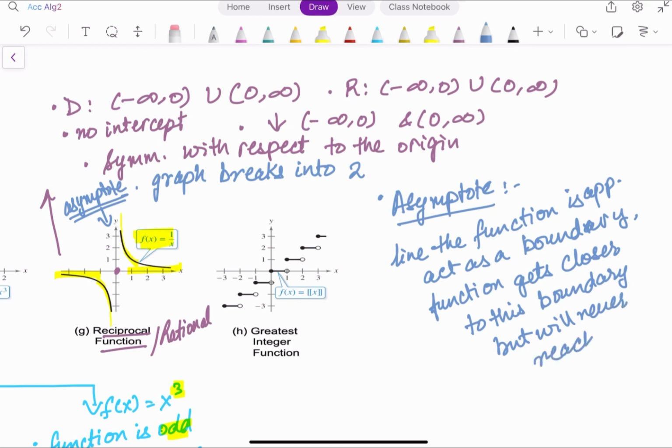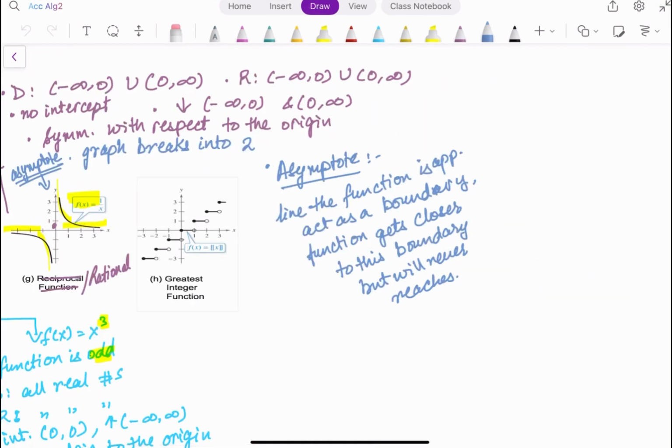Whenever we are talking about something being undefined, as I discussed in an earlier video as well, we are talking in terms of asymptotes. Now, let's understand in a little more detail how the asymptotes work in this case.